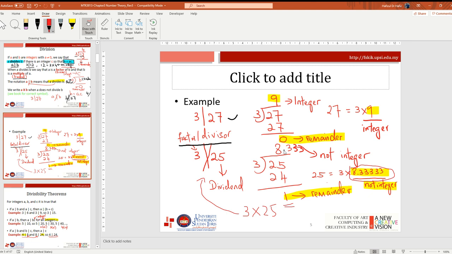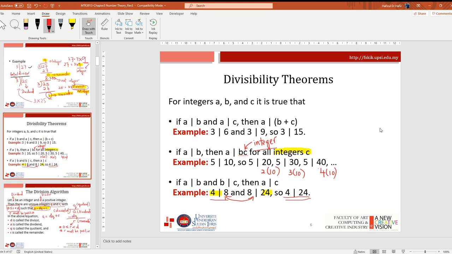And then we have a remainder of 1. So 3 cannot divide 25, because there must be an integer. This one is the product of 27, which is equal to 3 multiplied by 9, and this one must be an integer.